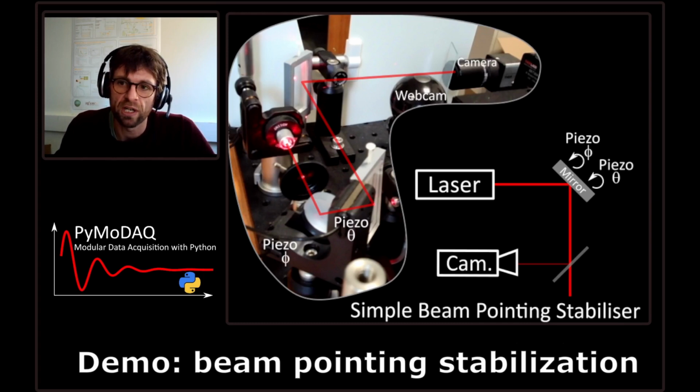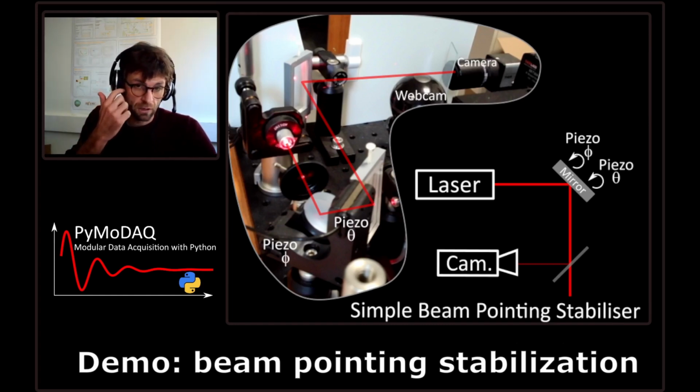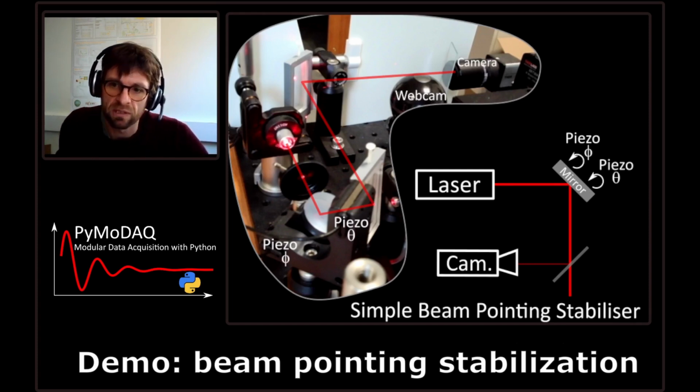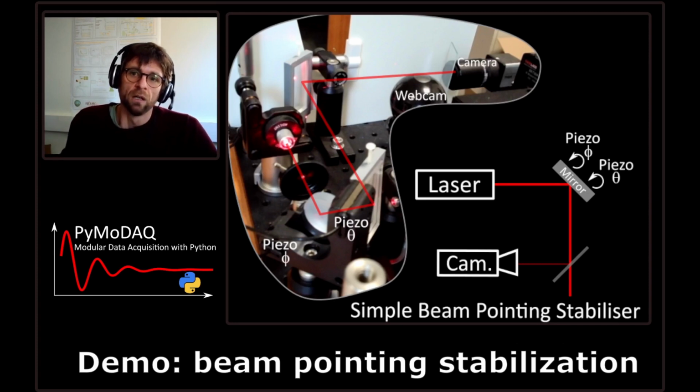When you change one of the piezos, the beam moves on the camera. For many setups in optics, you would like this spot on your camera to never move, or if it's moving, you want to introduce a correction to make it as stable as possible. That's beam pointing stability. This setup could be used to stabilize the laser going down to your experiment.